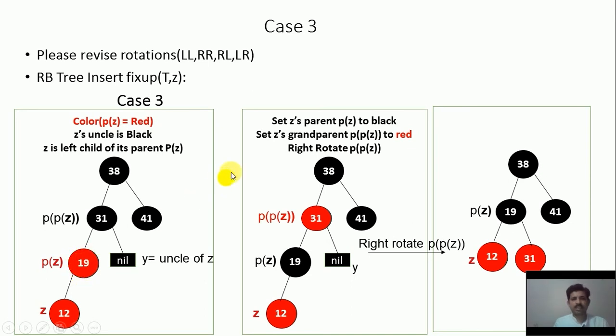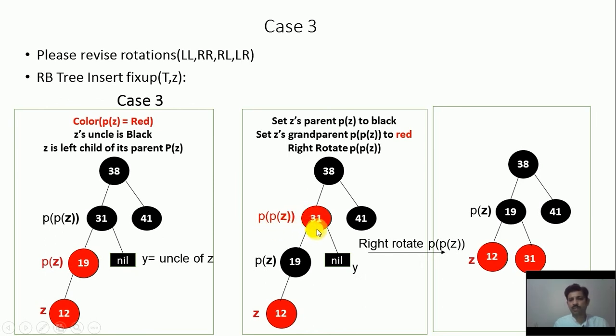And set G's grandparent PPG to red, meaning we color the grandparent red, and then we perform a right rotation on this PPG. So P of G will be black, P of PG will be red, and we perform right rotation on this PPG.